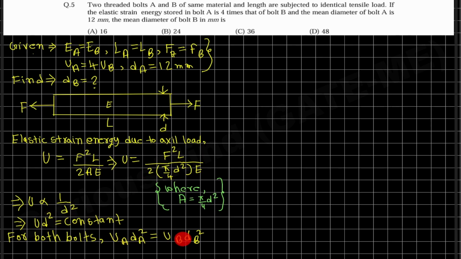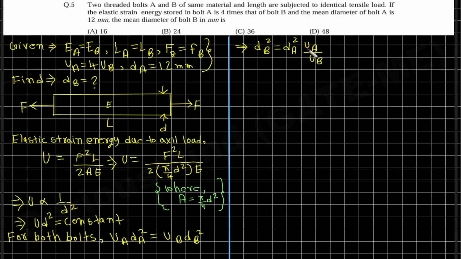So there we have it, this relation. Now by rearranging it, we can find the expression of dB because its value we need to determine. So after rearranging this, we get dB square is equal to this expression.